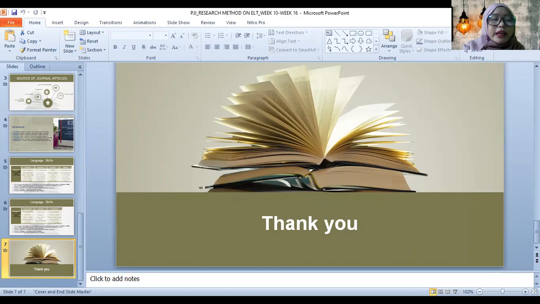And then the year of publication in brackets. So remember, the year of publication is the articles published from 2011 to 2021. And then the article's name, or the article's title.